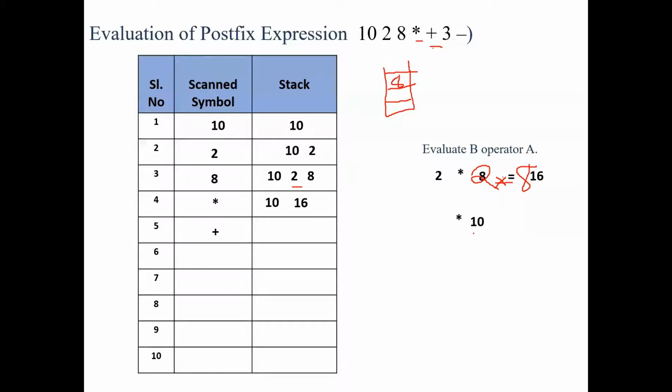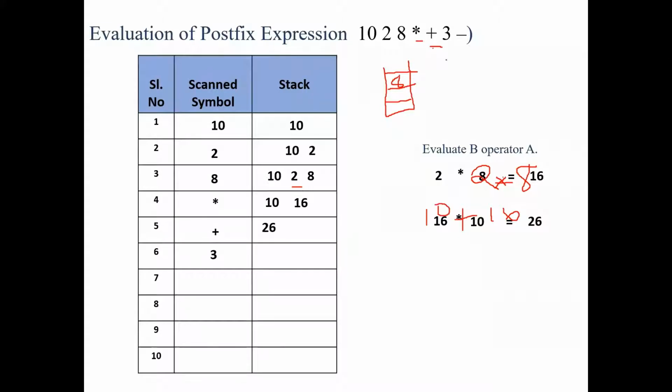The top operand is 16, which is considered as A, and the operator is the addition operator, and the second operand is 10, taking the place of B. So 10 plus 16 will be 26, right? This addition is performed, and the result will be pushed back onto the stack. 26 will be pushed onto the stack.